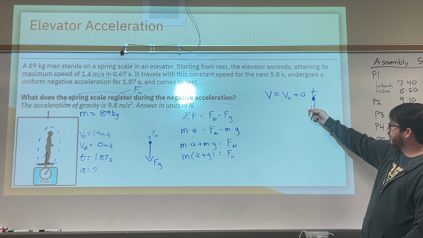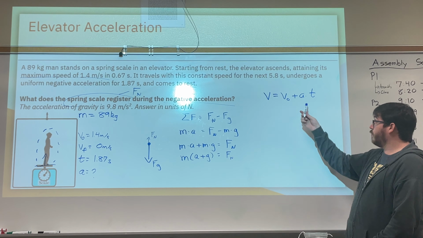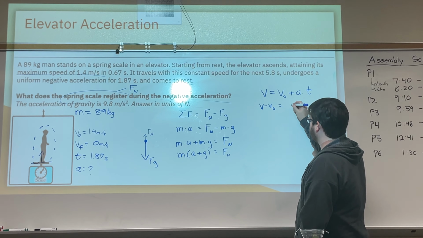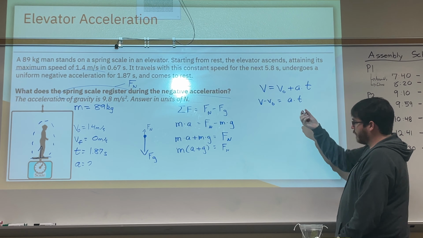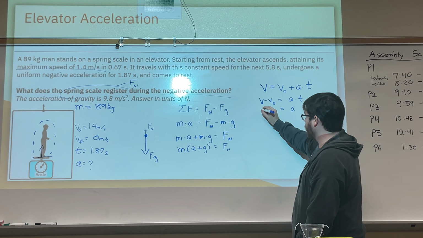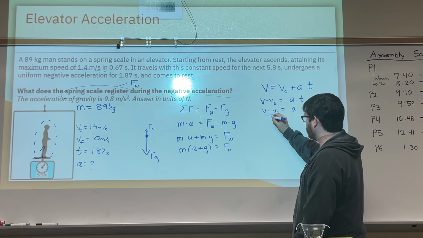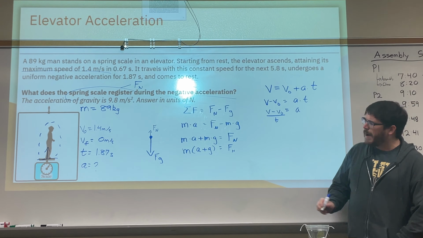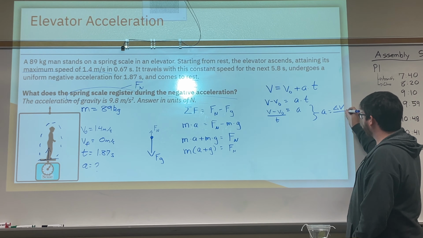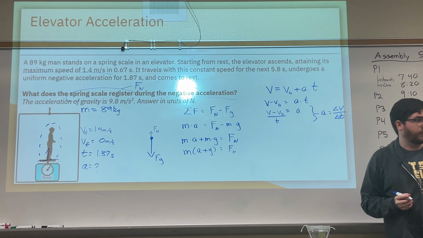We're solving for acceleration, and we know the time. So to get the acceleration by itself, subtract the initial velocity from both sides and divide both sides by t. Our acceleration is equal to final velocity minus initial velocity over time. You might remember this as acceleration equals the change in velocity over the change in time.